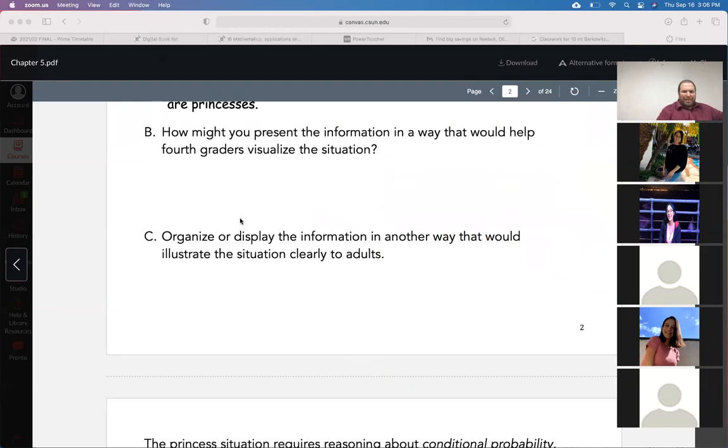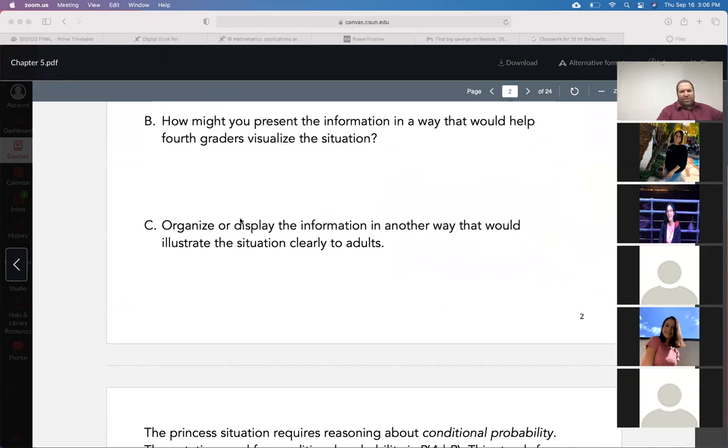All right. How might you present the information in a way that would help fourth graders visualize the situation? So here's what I would do. I would make what's called a two-way table.